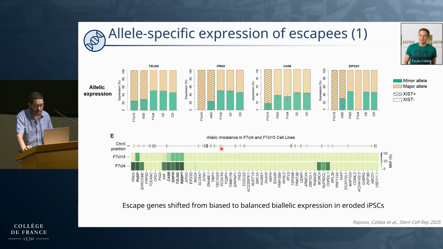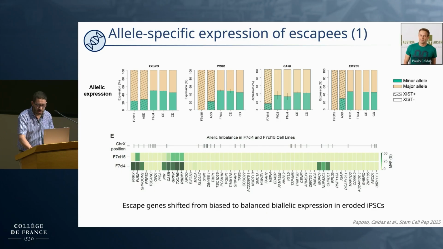And if you see here our isogenic control, this is the XIST-positive and this is the XIST-negative cell line. Here in light green, we have the biased expression of our escapees, and all of them that were informative in this cell pair become balanced biallelic expressed after erosion.